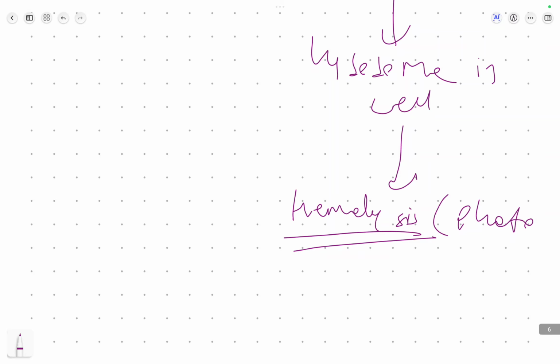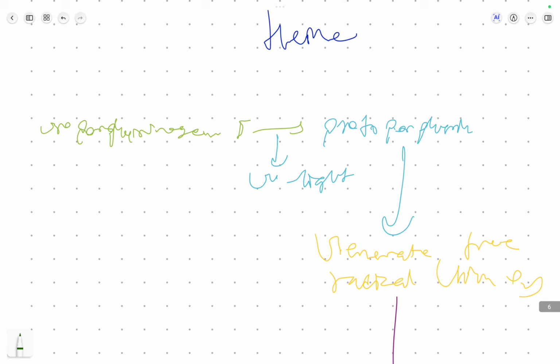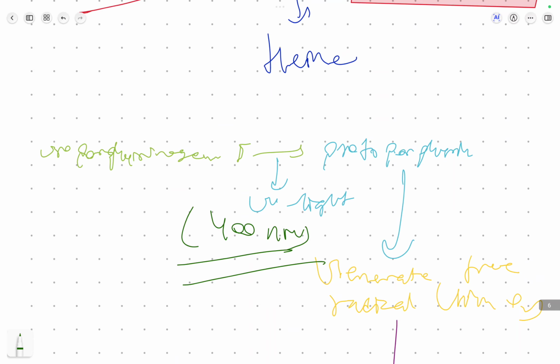So the lysosome bursts the cell, and at last we get photosensitivity. All right, and the range of UV rays which affects most is 400 nanometers. So this is how we get photosensitivity.